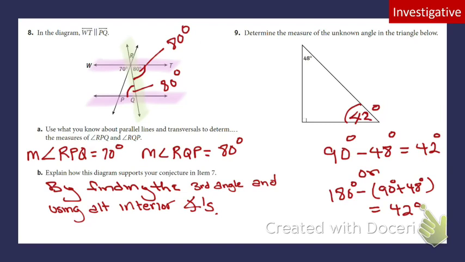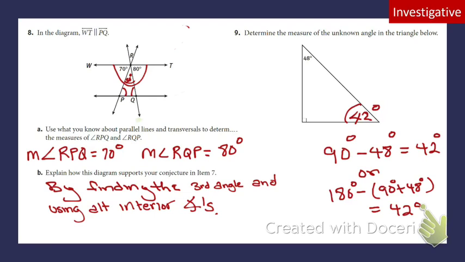The other thing that I want to tell you is this. If we know all three of these angles, and this is a theorem, when we come back we're going to do an activity to prove this. If we know all three of these angles are 70, 30, and 80, we automatically know that this angle is 70 degrees and this angle is 80 degrees.